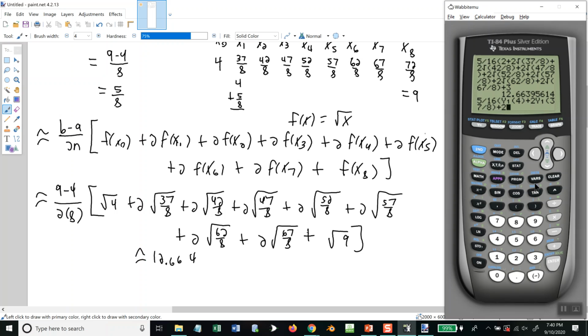Plus 2 vars. Is that any easier? You're probably right, it's probably harder. 37 over 8, next one's 42 over 8. Vars, y vars, function, y1, beginning parentheses, 47 over 8.